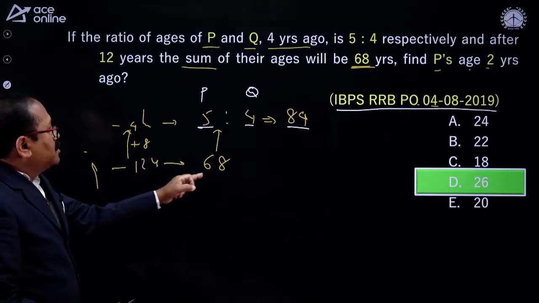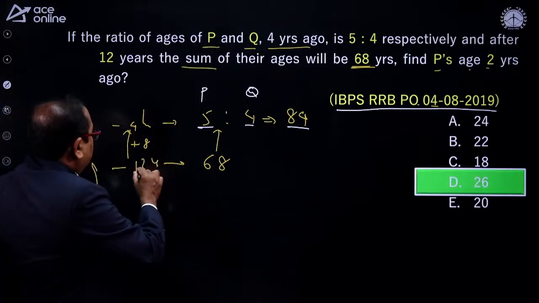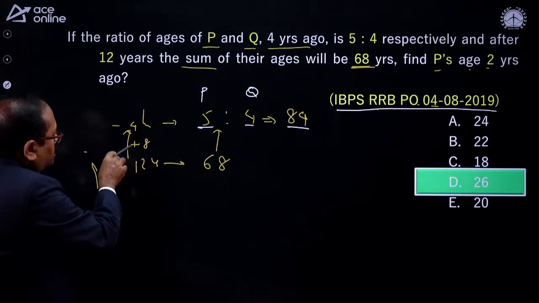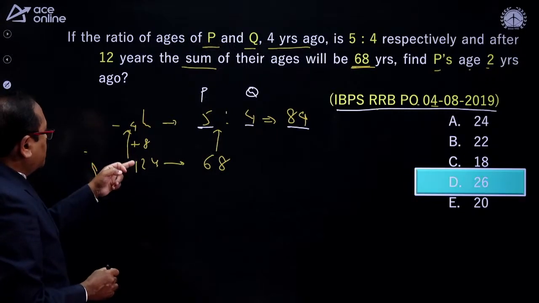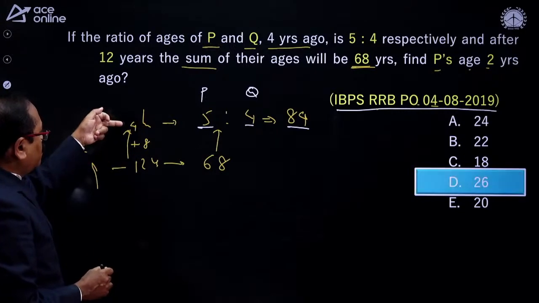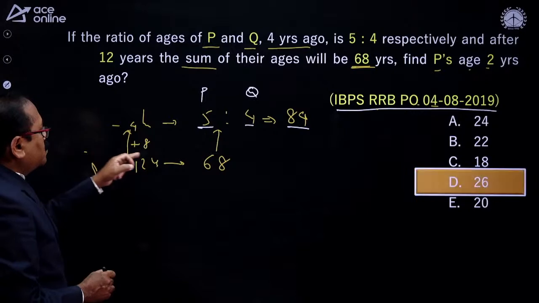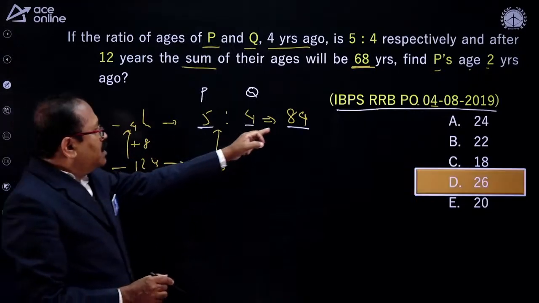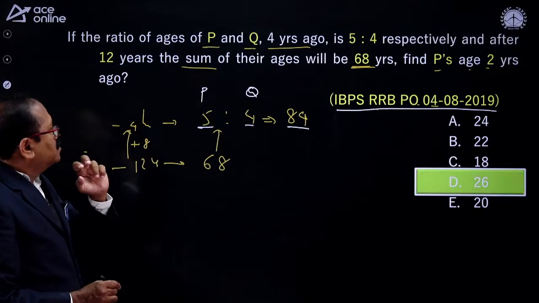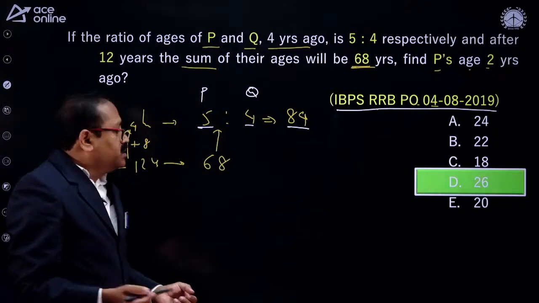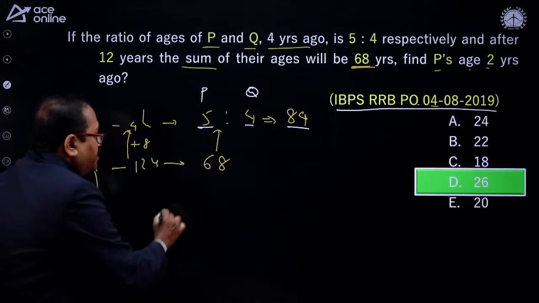From here to here I am adding 8 years, so I come to 4 years ago. 8 plus 8, 16. Okay, let's check that. What will be the present sum?